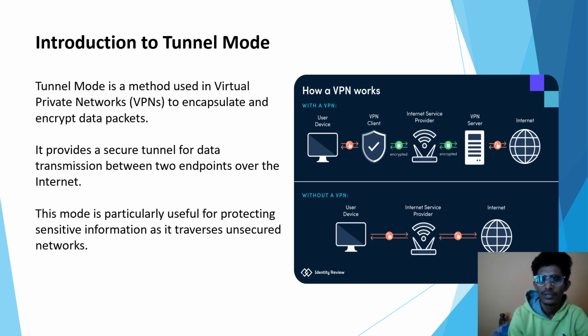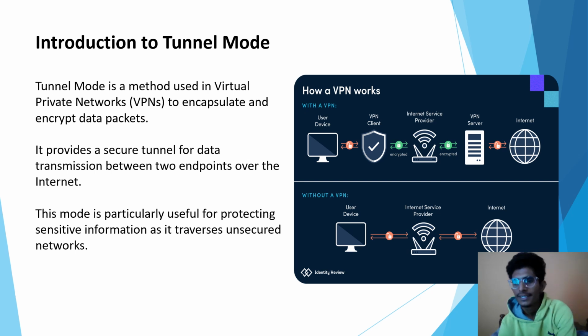Between the user device and the internet, we have a virtual private network client and a virtual private network server. Between them, internet service is provided to share the data from clients to the server.